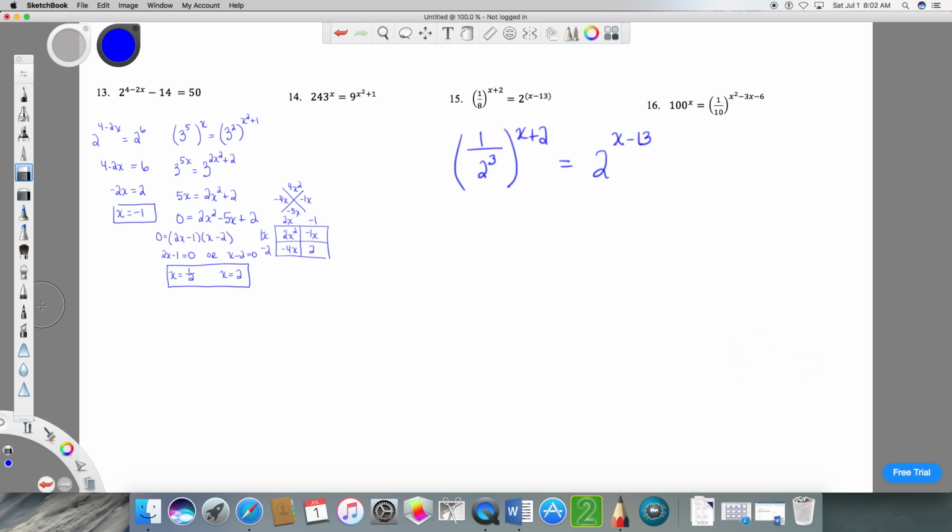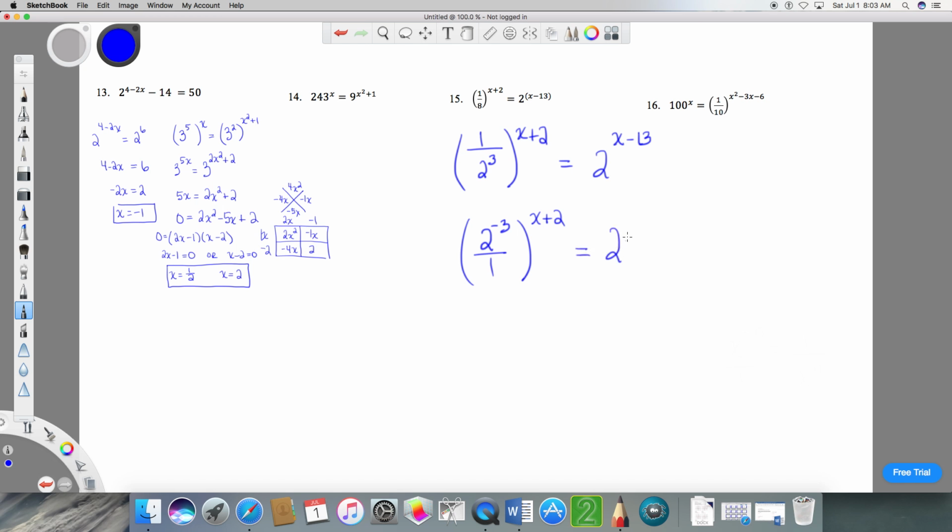I'm going to rewrite this 1 over 2 to the third power to be 2 to the negative 3. And if you want, you can visualize that as over 1, because by making that exponent negative, I change the location of this base within the fraction to be from the denominator up to the numerator.